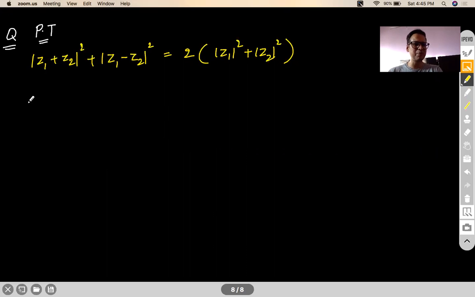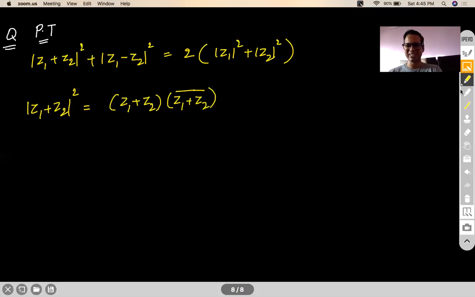If you look at this term mod z1 plus z2 square, by the very property of conjugates, we learned that I can write it as z1 plus z2 into conjugate of z1 plus z2, isn't it? Think in your mind as if you have written mod of some complex number square. Isn't it equal to z into its conjugate? That's what I have written over here. Okay.